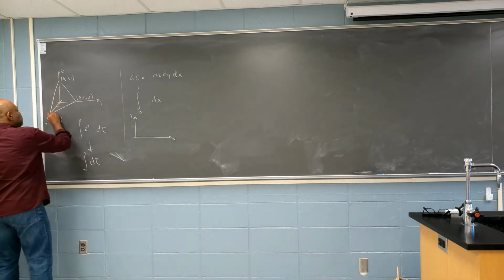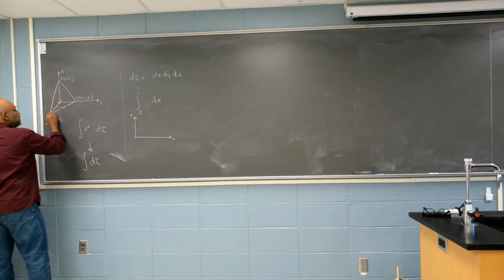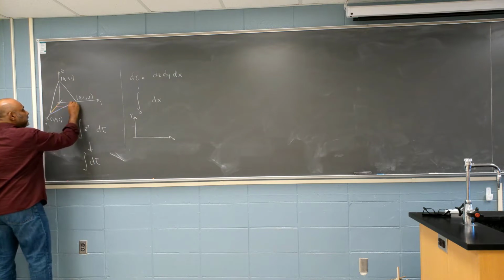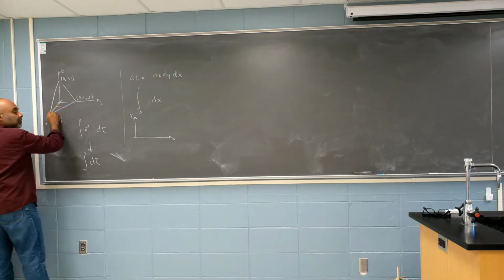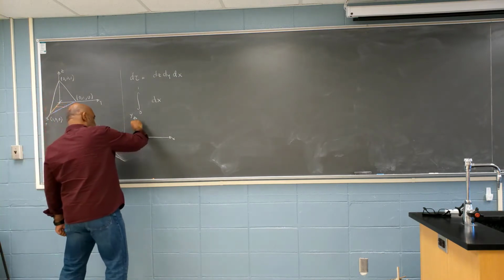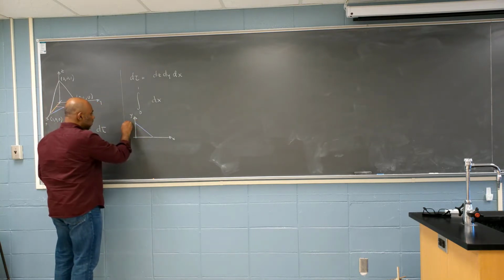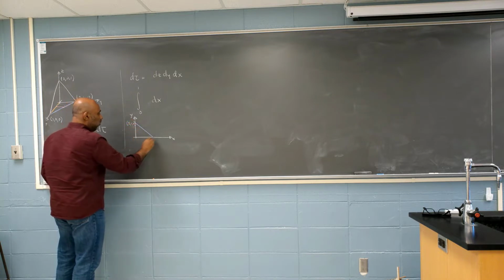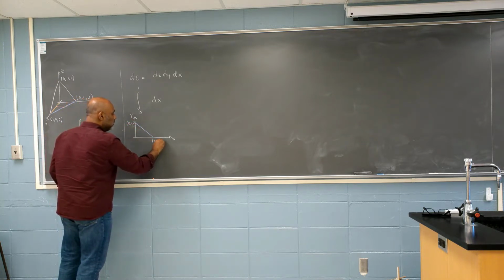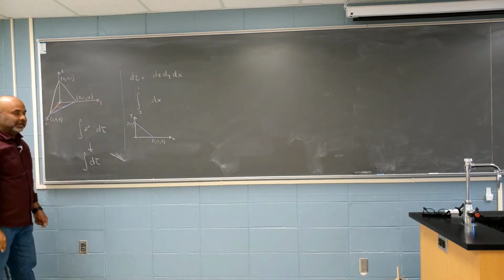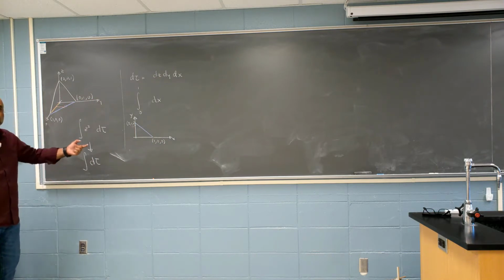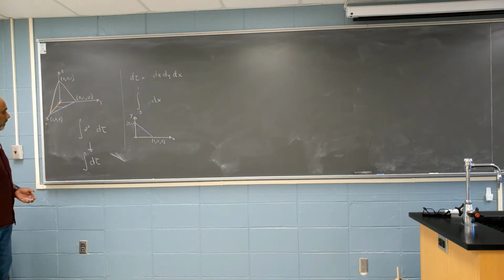But you see it as I do it. You see this line? I'm going to draw it like this, from 0, 1, 0 to 1, 0, 0, just so that I know how far I need to go.